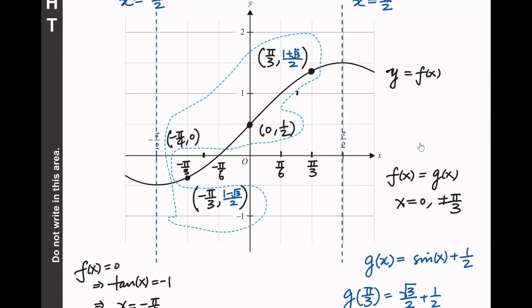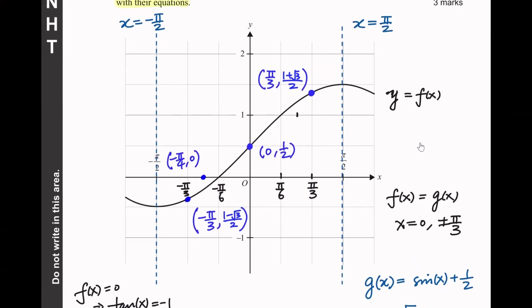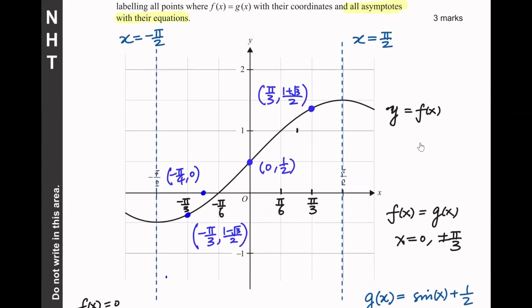So I'm going to just make it clear to you. So these will be the key things I mark on my set of graphs. And then I'll just get a nice graph.